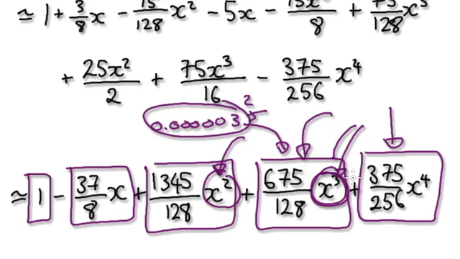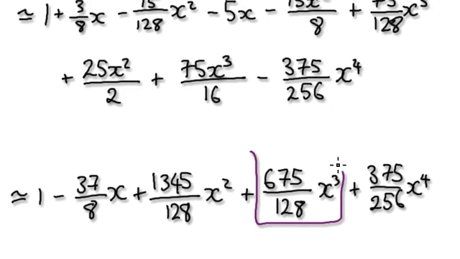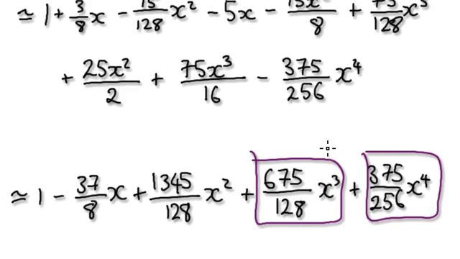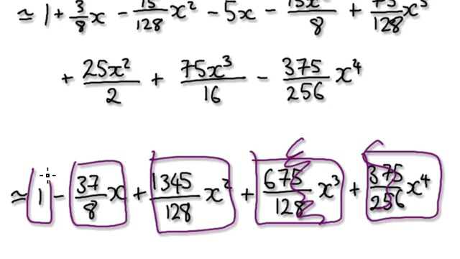When you have a really small number and then you cube it, it will be so small in comparison to x squared, and x to the power 4 will be even smaller. These two terms will be nothing in comparison to these three blocks here.